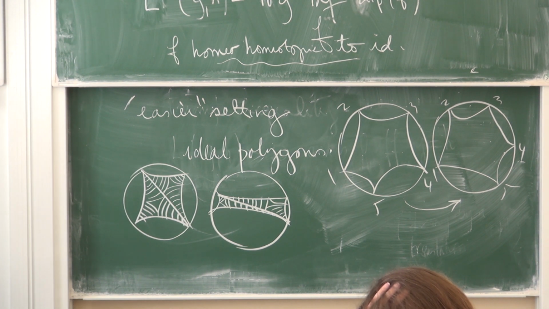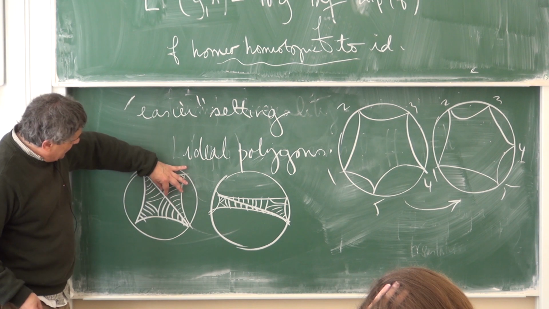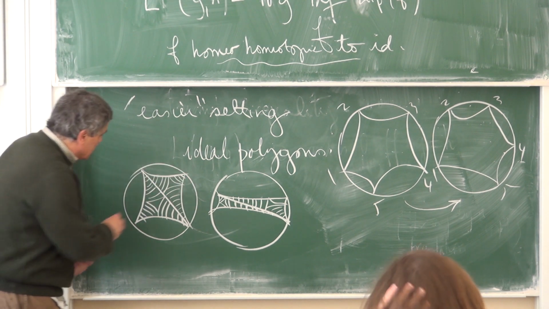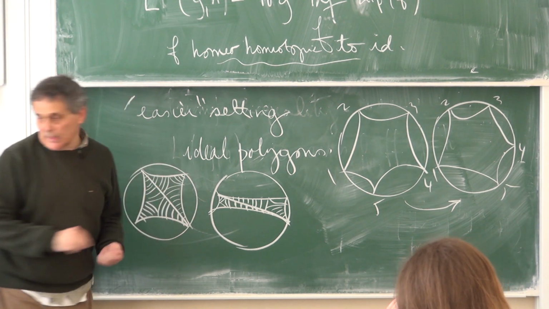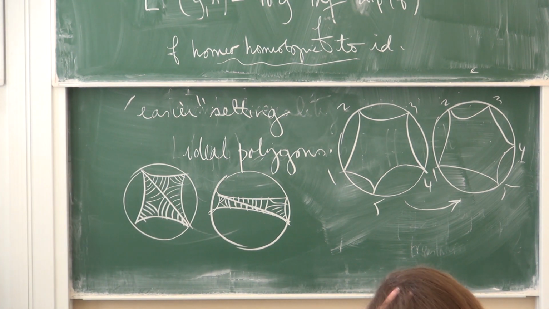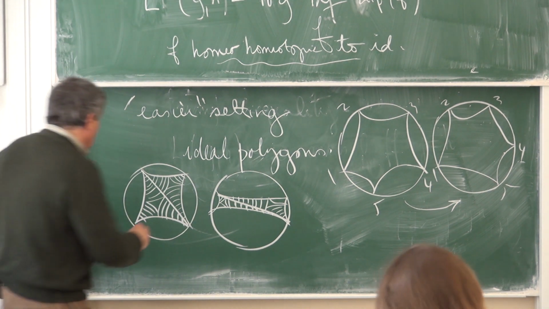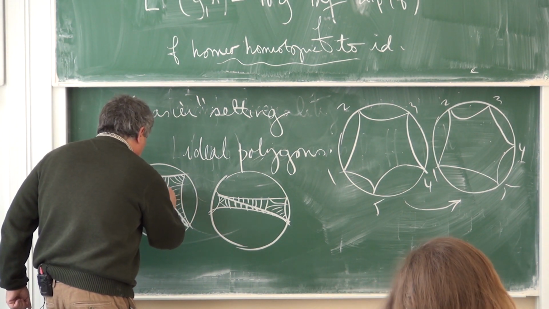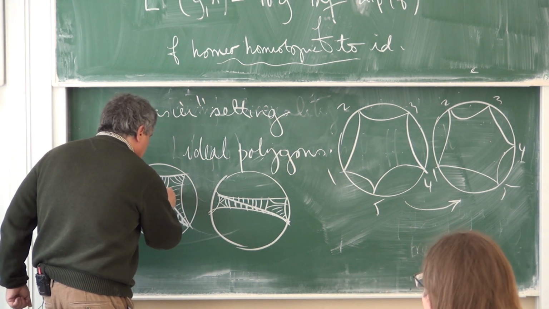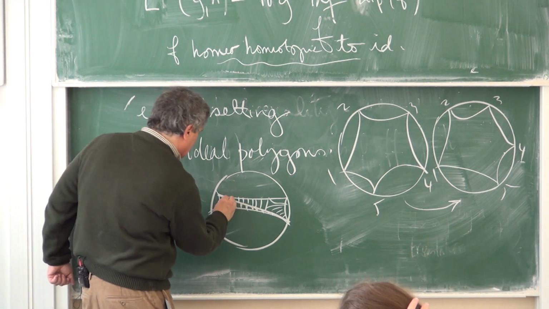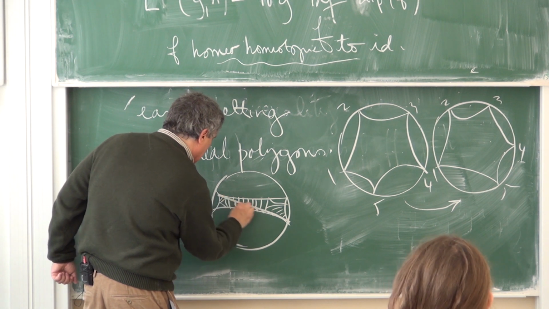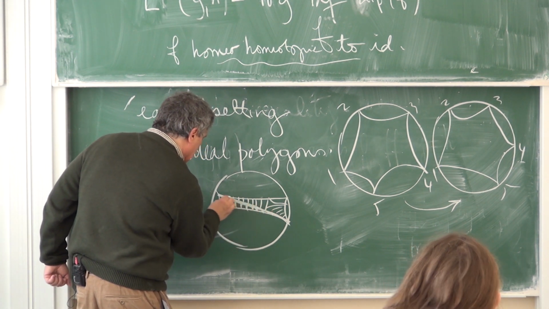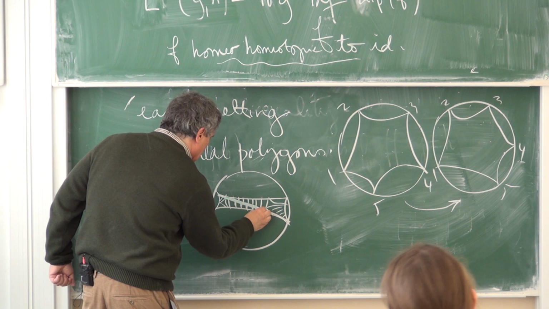Now this canonical foliation by horocycles gives me, in this case of quadrilaterals, a parameter here, which is a shift parameter, and here there's another shift parameter between these two distinguished points on the boundary.